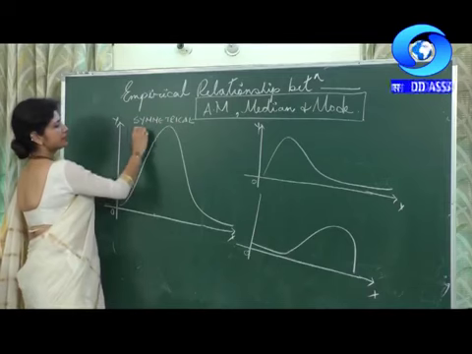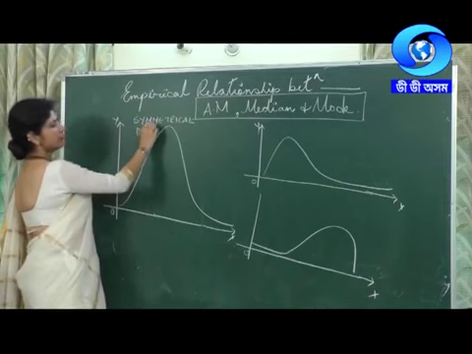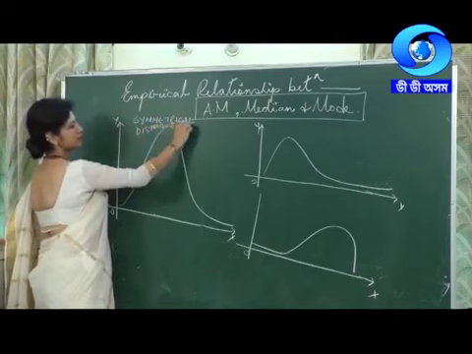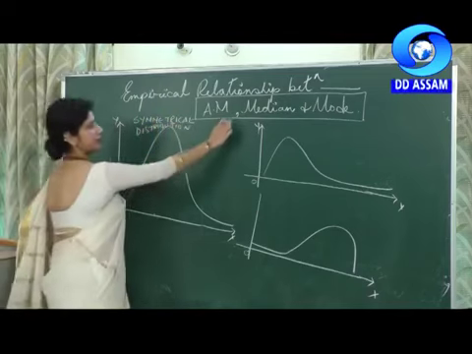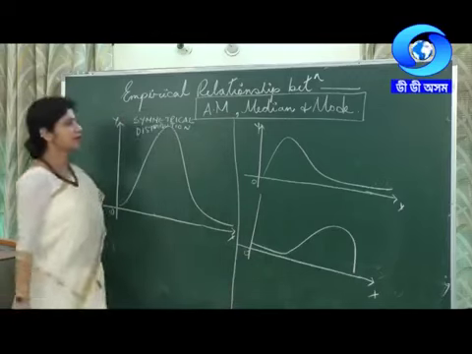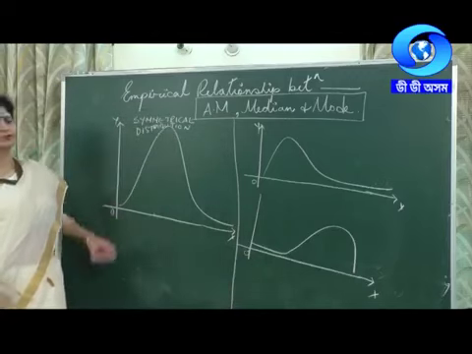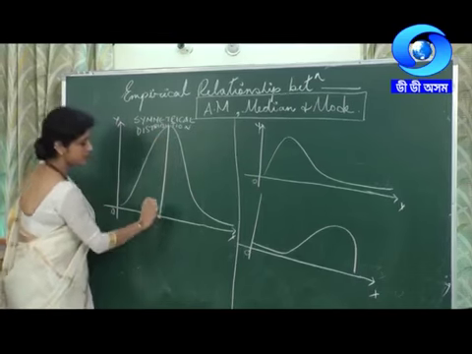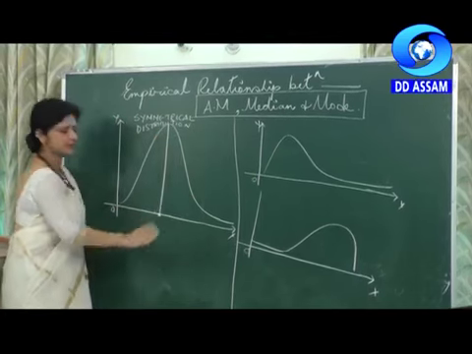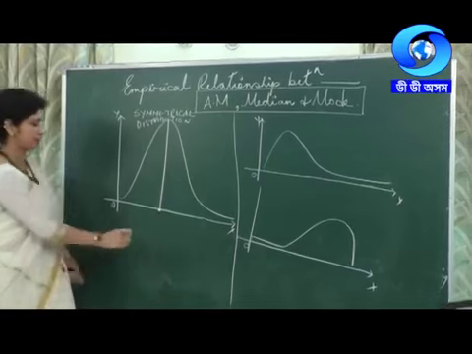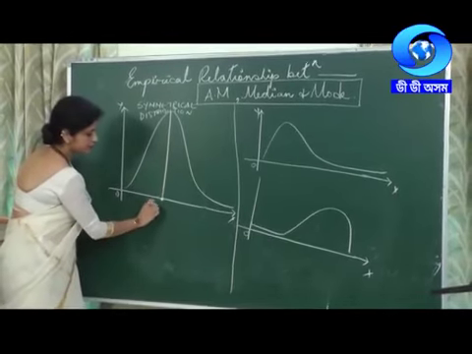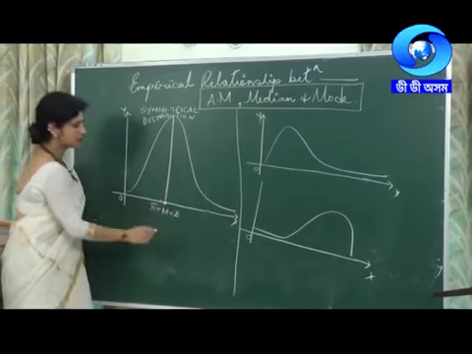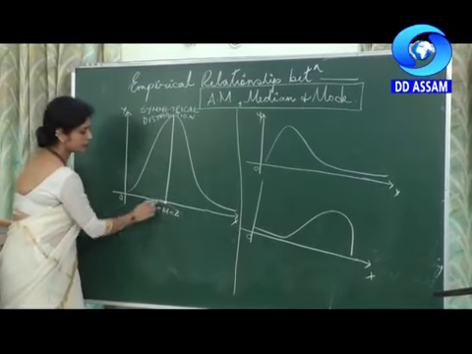If you have a curve of this shape, you will call this particular distribution to be symmetrical. Alright? For a symmetrical distribution, what happens? Mean, median and mode coincide. They lie at the same point. Tar mane ki the arithmetic mean, median aru mode tinta eta point ote hoy orthat tinta saman.